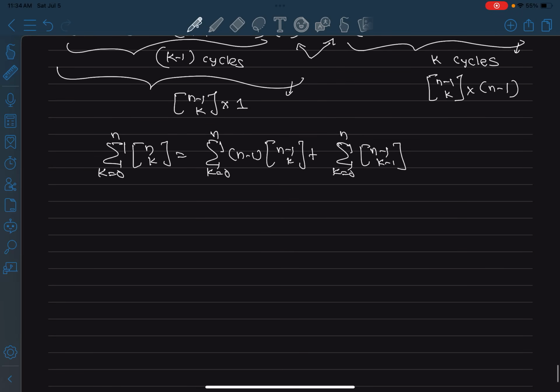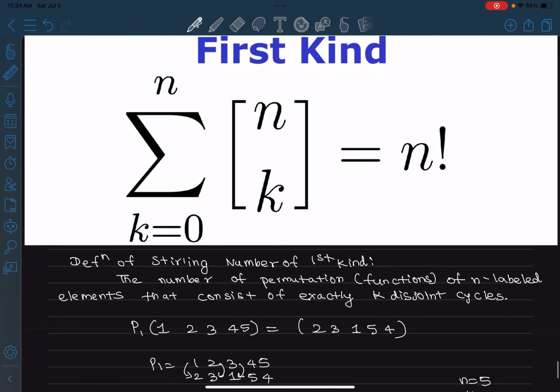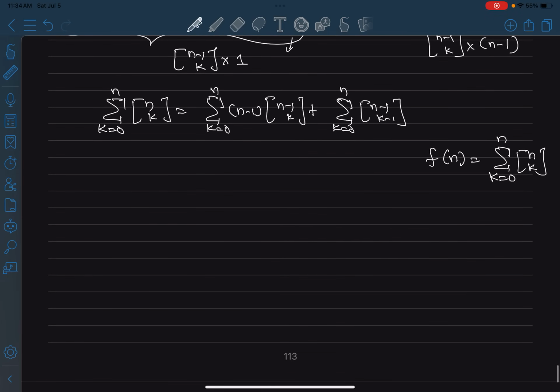Now let's say this is our function f of n, the sum that we are trying to prove is actually n factorial. For now let's just say this function is some function of n. This function becomes f of n, and then this n minus 1 comes out over here. This becomes n minus 1 times the sum from k equals 0 to n of n minus 1, k, plus the sum from k equals 0 to n again of n minus 1, k minus 1.